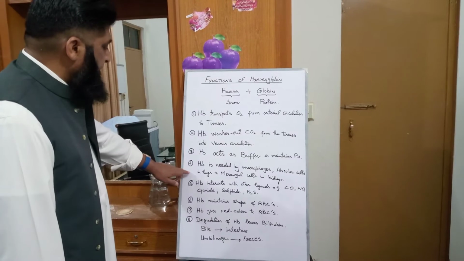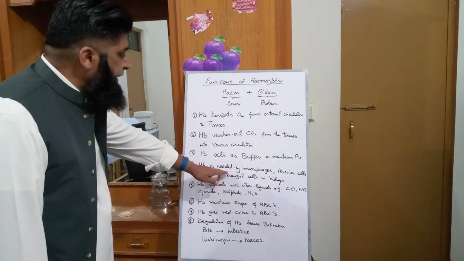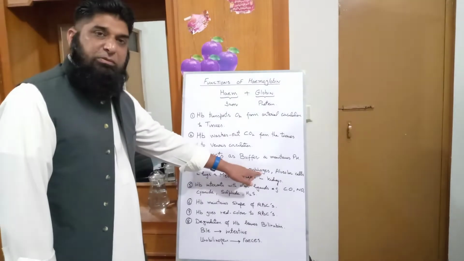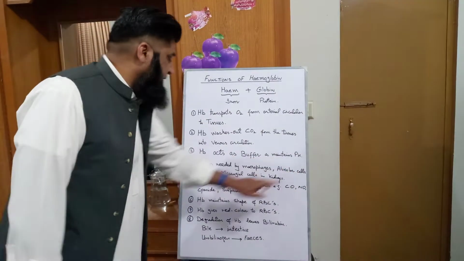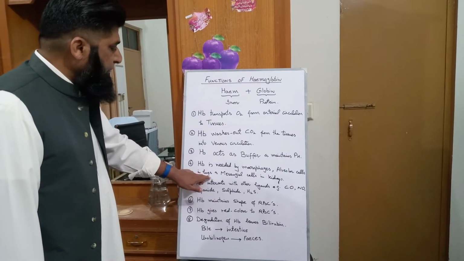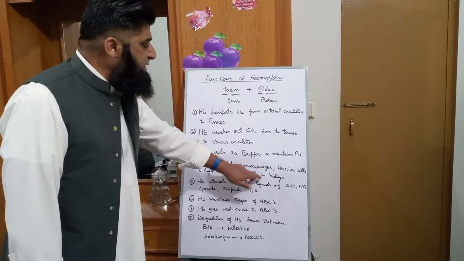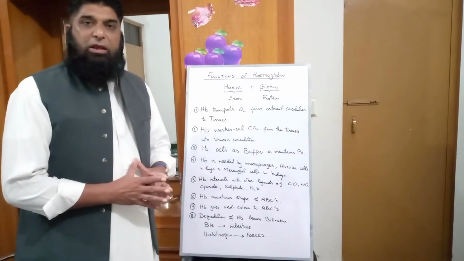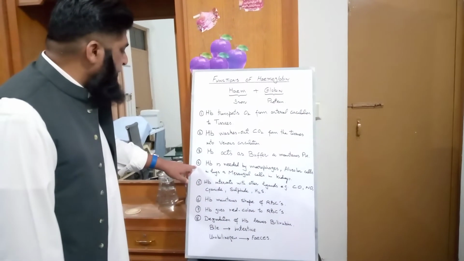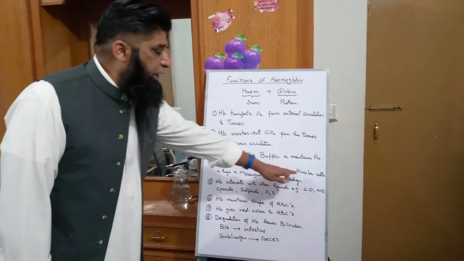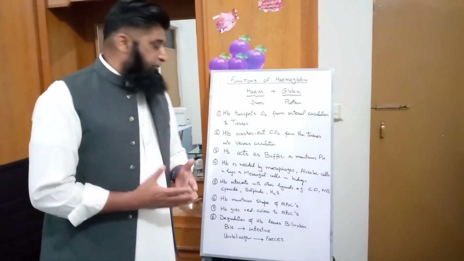Number fourth function. Hemoglobin is needed by macrophages, alveolar cells in the lungs, and mesangial cells in the kidneys. Students, this fourth point is very important from clinical aspects.